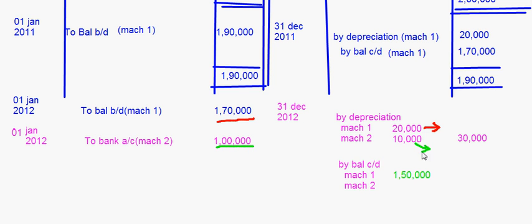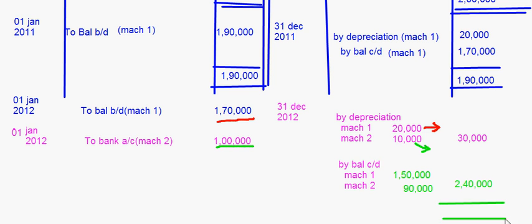Okay, now we have to do this by balance carried down. Again you write machine 1 and machine 2 separately. See here, machine 1 is 1,70,000, and the machine 1 depreciation is 20,000. So the balance for this will be 1,70,000 minus 20,000, that is 1,50,000. Got it?